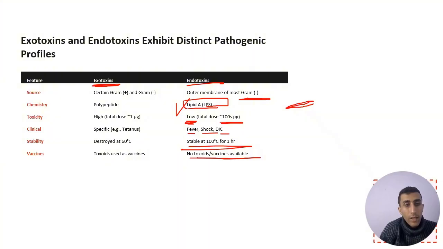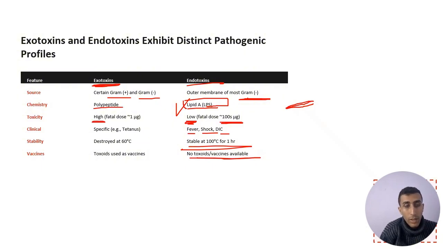On the other hand, the exotoxin is produced by the bacteria, so it can be in gram-positives and gram-negatives, not only in gram-negatives like the lipid A component that is part of the outer membrane. Chemically, the exotoxin is a polypeptide, and it has high toxicity.